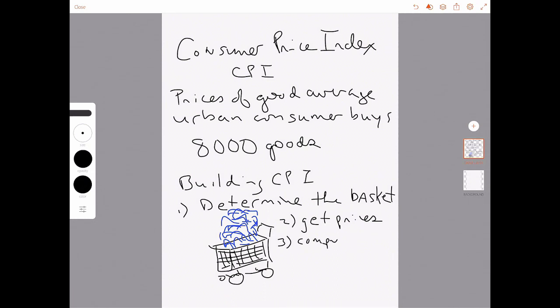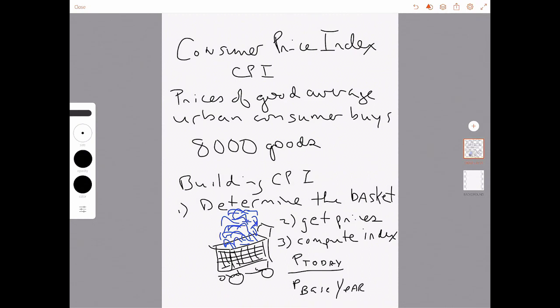And to do that, what you do is you take the price of the goods, you take that receipt. So you take the price of the goods today, and you divide it by the price of those same goods at some point in the past. That point in the past is something we call a base year.